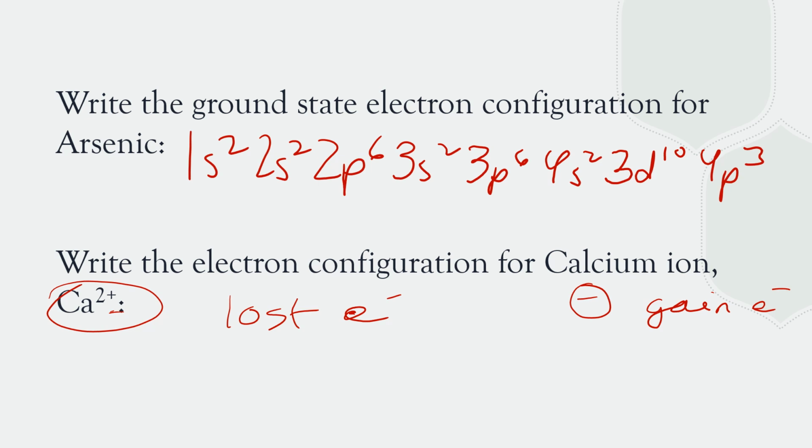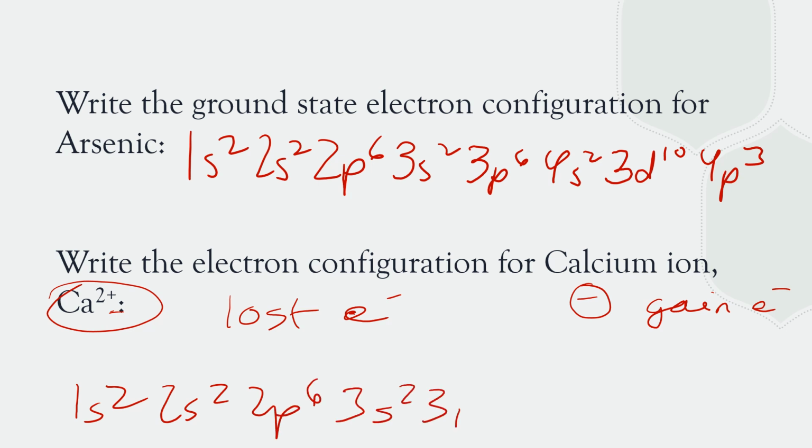So it becomes 1s2, 2s2, 2p6, 3s2, 3p6. Because regular calcium is 1s2, 2s2, 2p6, 3s2, 3p6, 4s2. By losing 2 electrons, you don't have the 4s2 anymore. You only have up to 3p6.